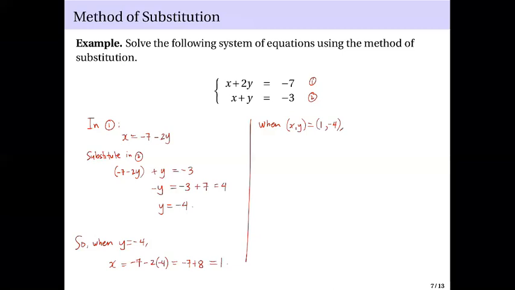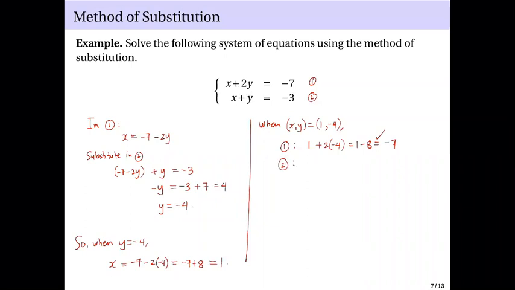So x, it's 1. So in the first equation, you have 1 plus 2 times negative 4. So we will see that this is what? 1 minus 8. This is equal to minus 7. And that's correct in the first equation.